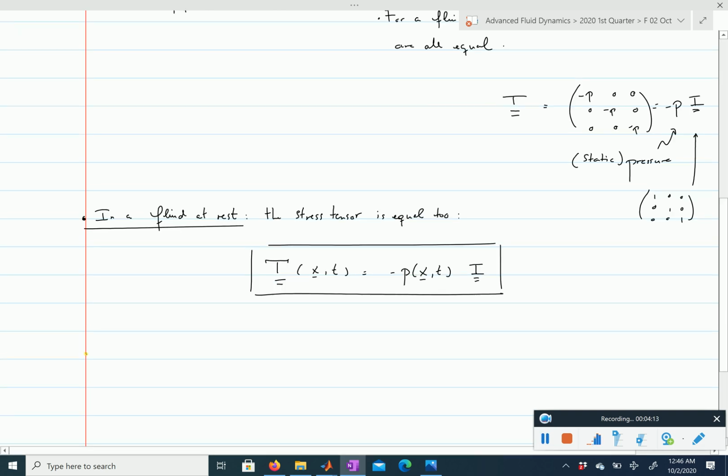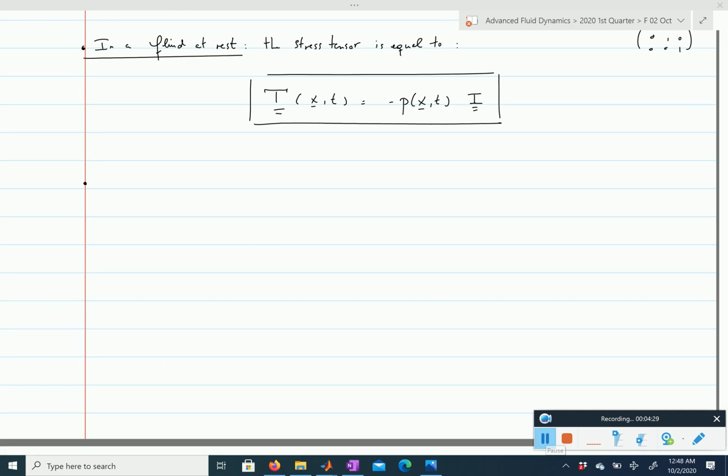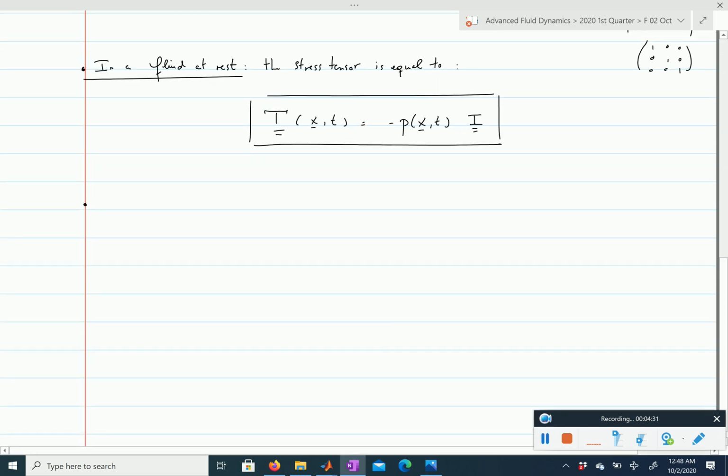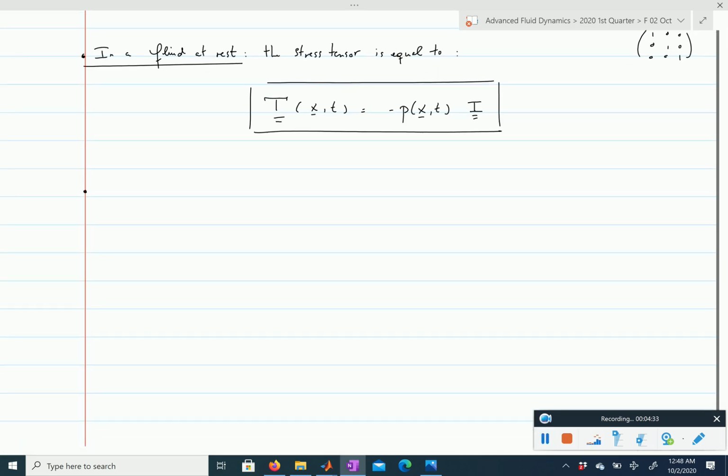So from this stress tensor, we can start to deduce what forces are exerted by fluids at rest. Okay, so if we consider the Cauchy momentum equation, we can see how it simplifies for a fluid in static equilibrium.